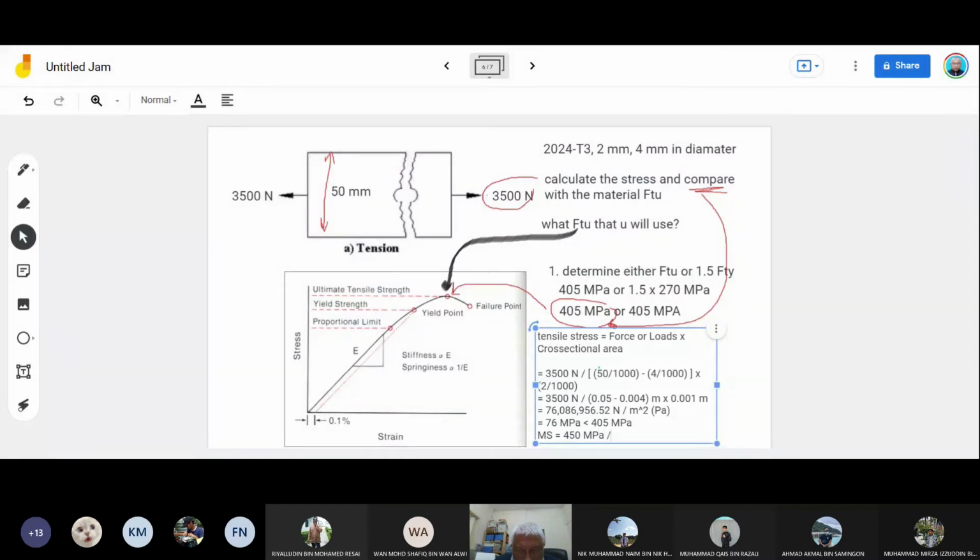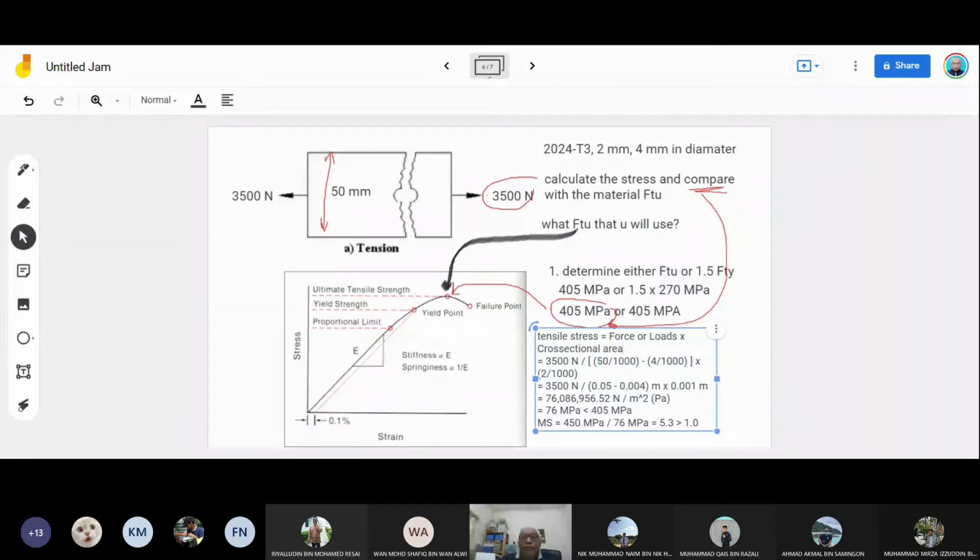You must go higher because this is strength, over 76 megapascal. 405 divided by 76. You got 5.3, which is higher than 1.0. Okay, that is analysis of the net tension failure.